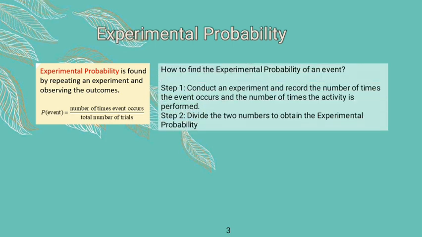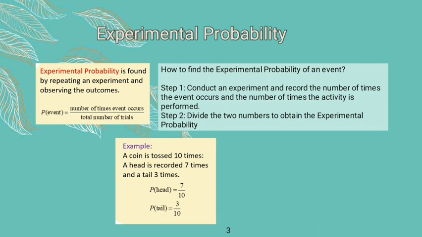How do we find the experimental probability of an event? Step 1: conduct an experiment and record the number of times the event occurs and the number of times the activity is performed. Step 2: divide the two numbers to obtain the experimental probability.